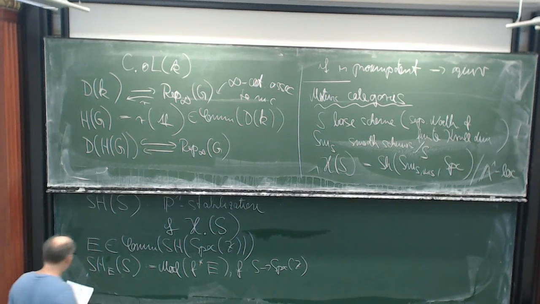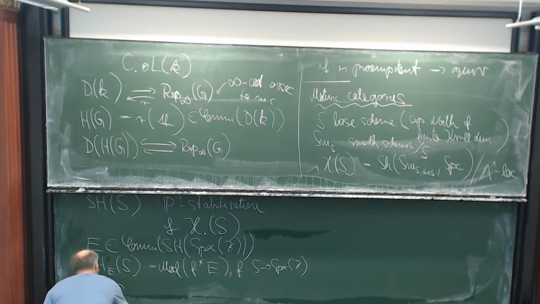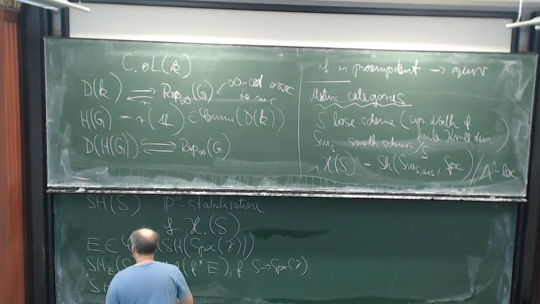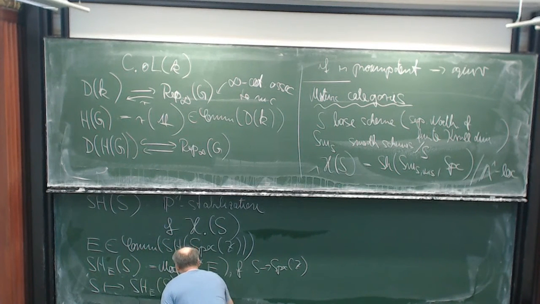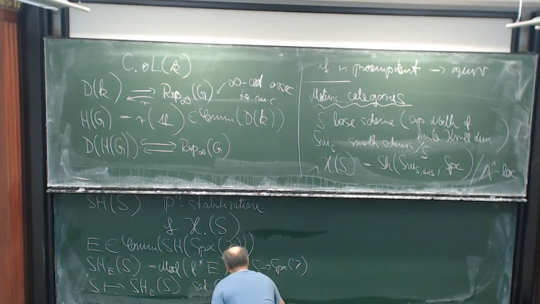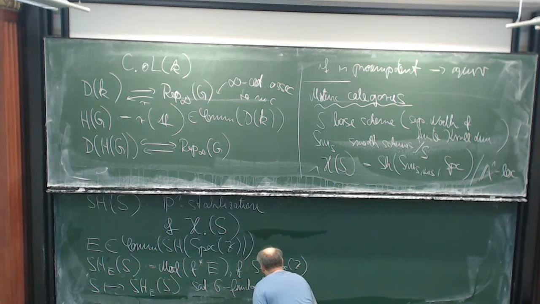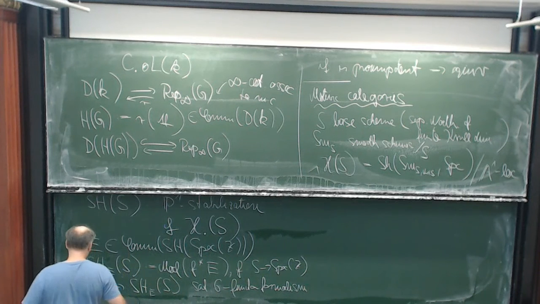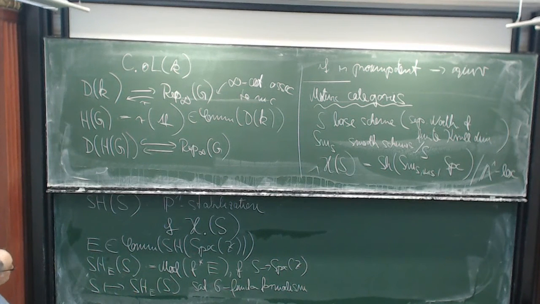So there's a lot of work done on this assignment to S of such a category, notably by Ayoub. This assignment satisfies the so-called six functors formalism. So we have altogether six involved functors, and they behave with respect to certain properties.